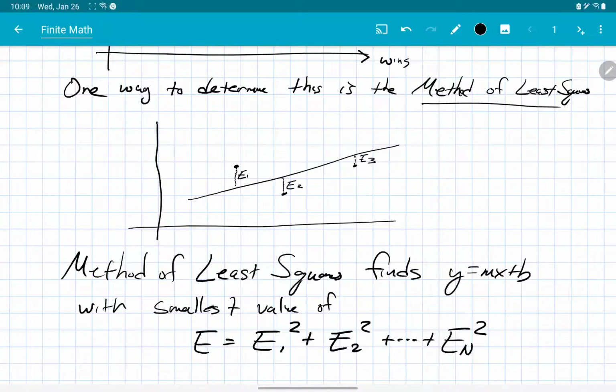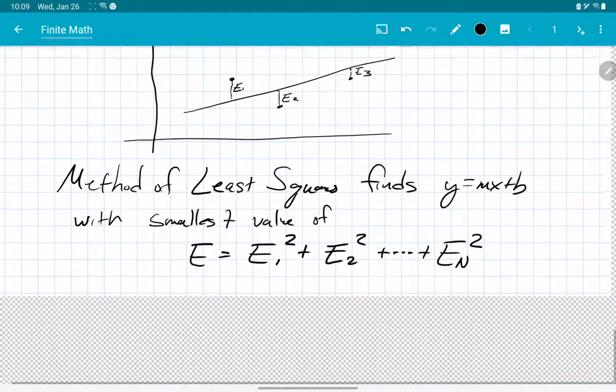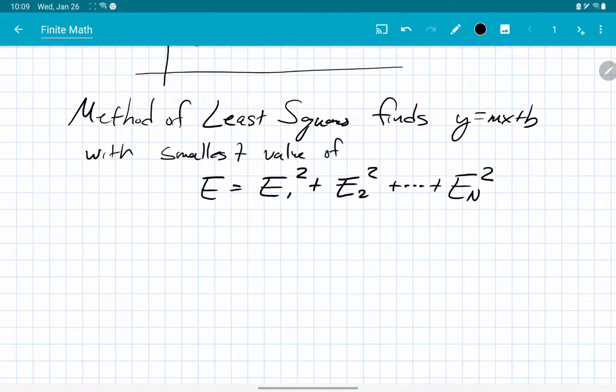Now, my picture only has 3, but I write up to n because in general I might have n data points. So the method of least squares finds the line y equals mx plus b that gives the smallest value to the sum of the squares of those numbers possible.